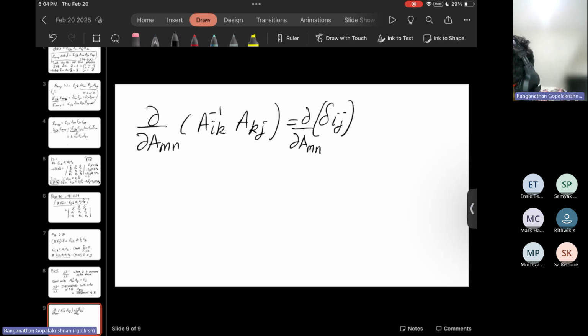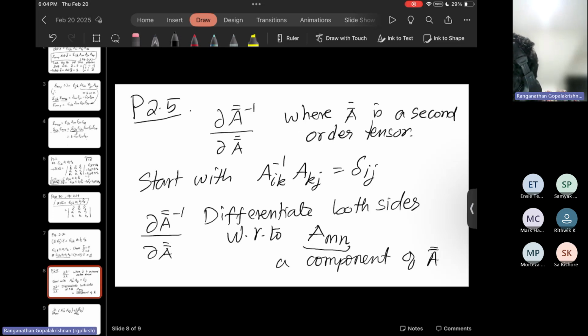We are starting with this identity, which is like saying multiplying a quantity by its inverse will give you 1, and that will happen only if I equals J, because K is a repeating index here. So we are just multiplying a matrix with its inverse for a particular value of I and J. So we're starting with that.